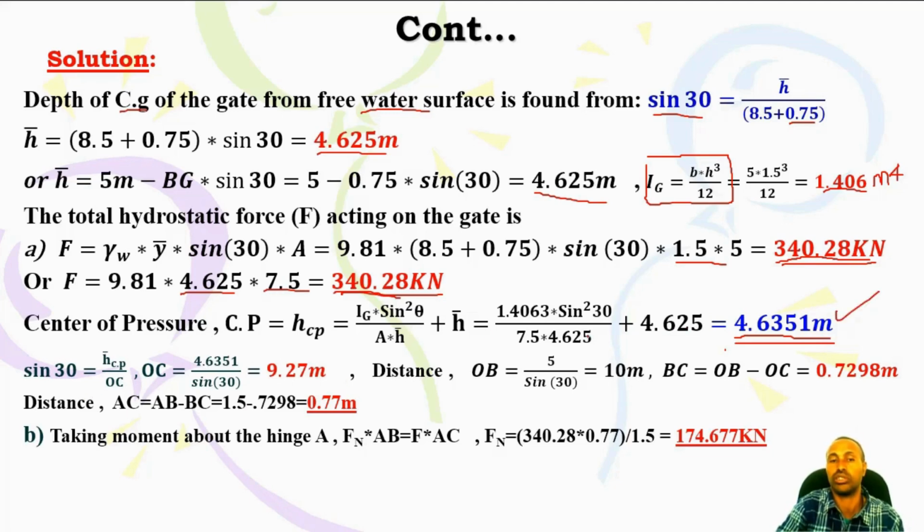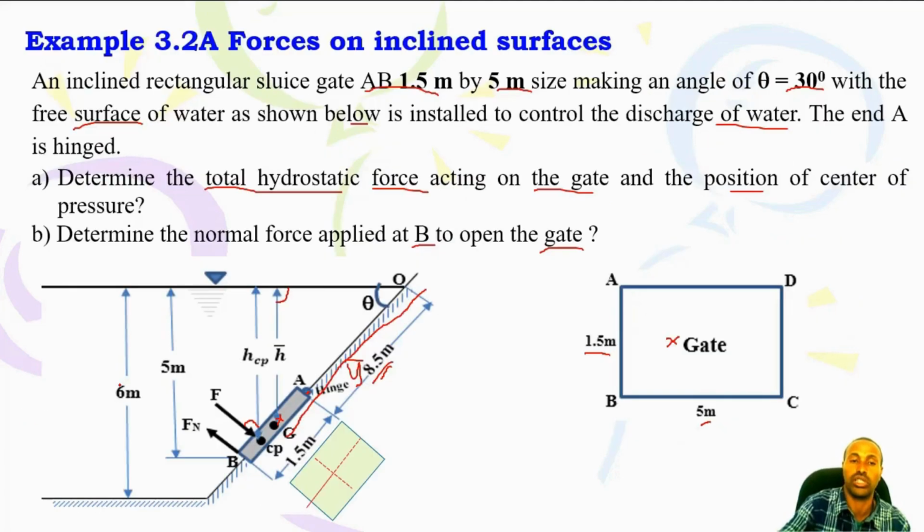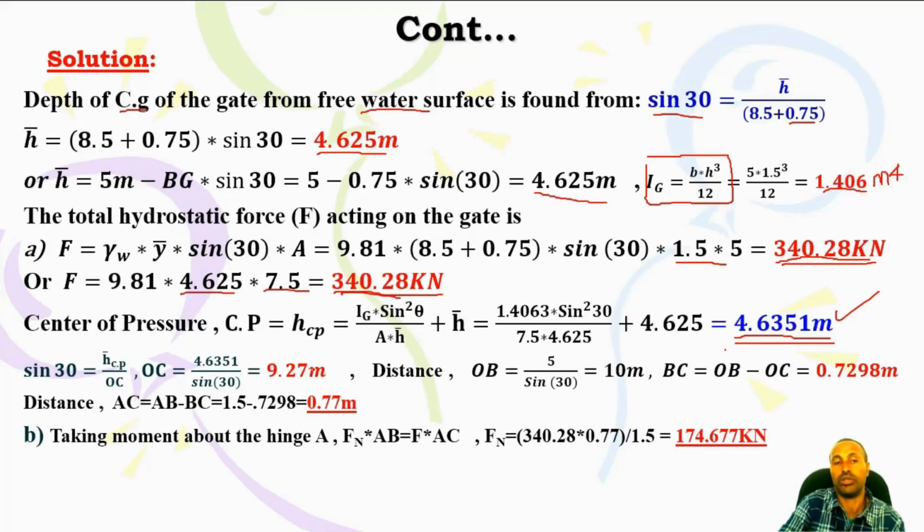So sin 30 equals hcp over OC. You can follow OC, which is from this point O up to point C, and the total hcp you can find. OC is 9.27.